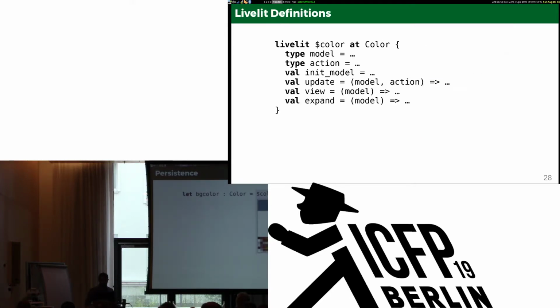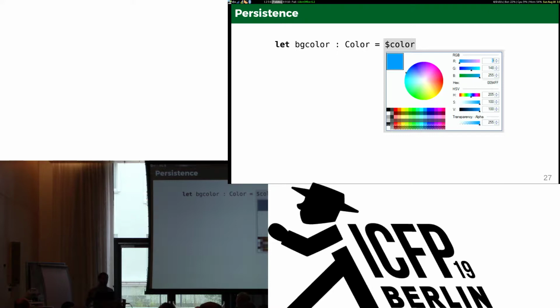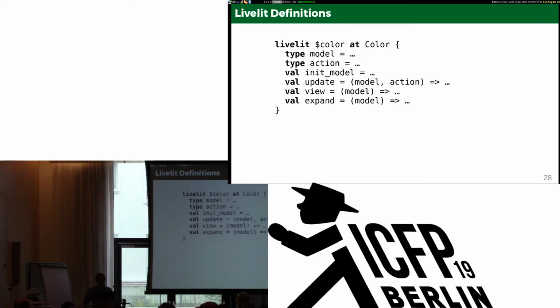And the way we achieve this is, well, what's not happening is we're not saving the actual state of the user interface. Livelits are implemented using a variation of the model view update model that you might be familiar with from Elm and other functional languages.